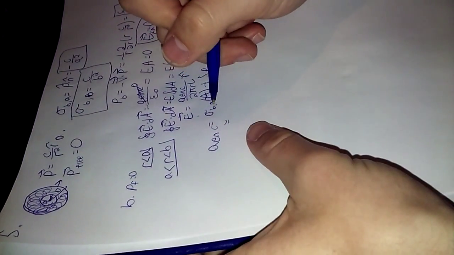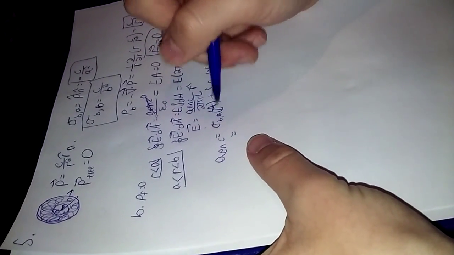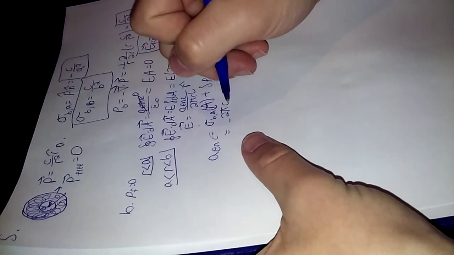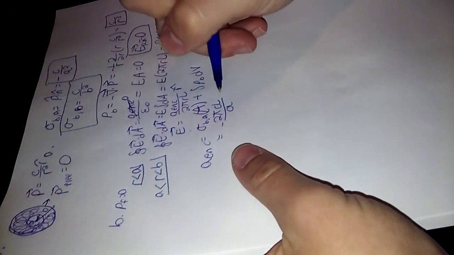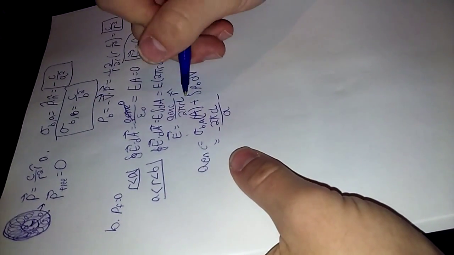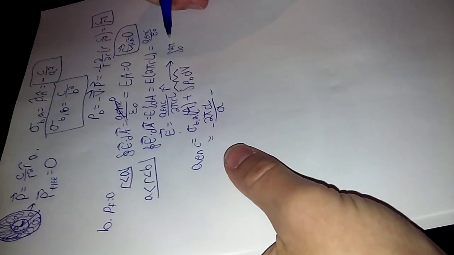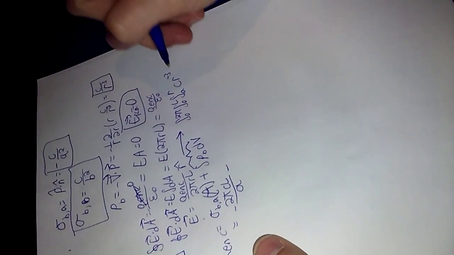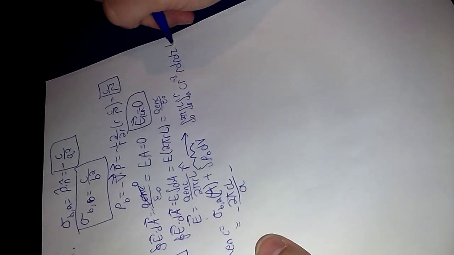From this part, we have negative C over A squared times 2 pi AL, which is negative 2 pi CL over A. And this right here is the integral from 0 to 2 pi, integral from 0 to L, integral from A to R, C times R to the negative third, and then times the volume element.